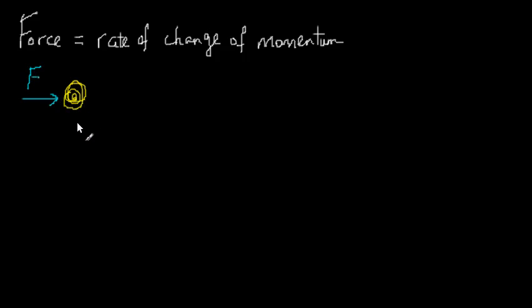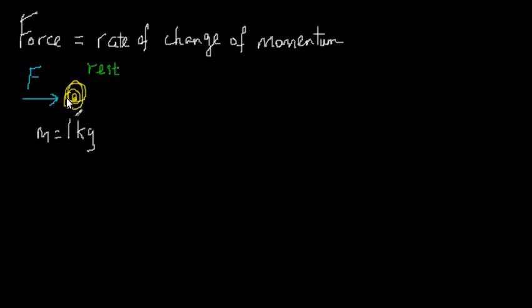Now, suppose that this ball, I'll just make it easy. I'll just say that this ball has a mass of 1 kilogram. That's its mass, which I'll call M. And at this point in time, let's say at first it is at rest.